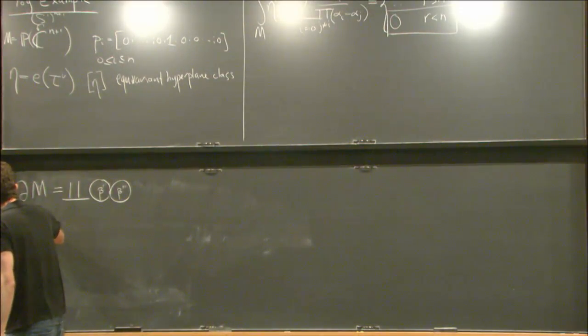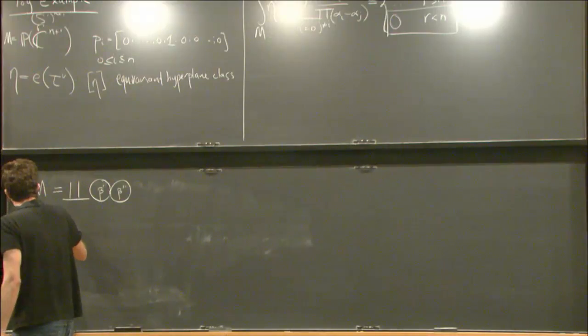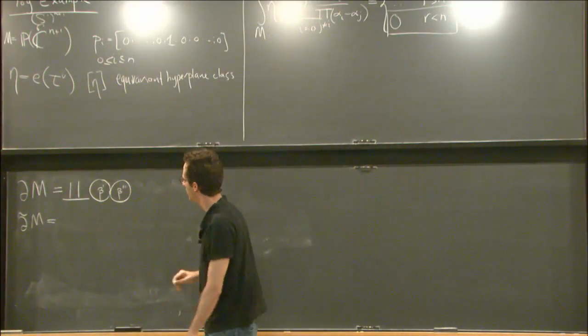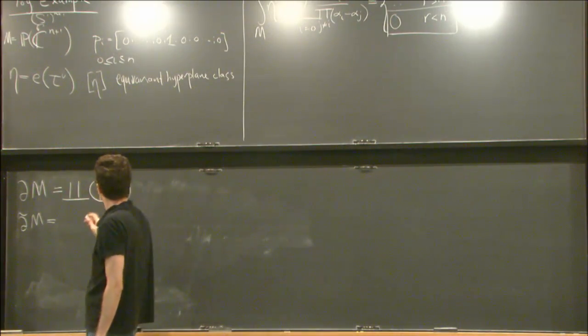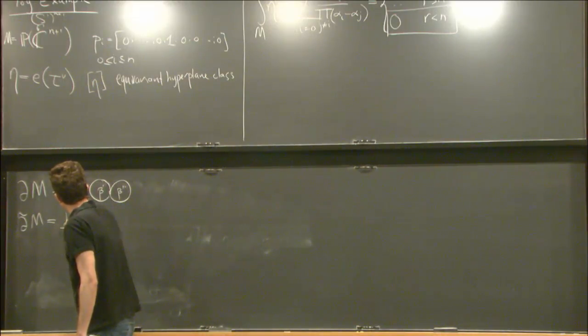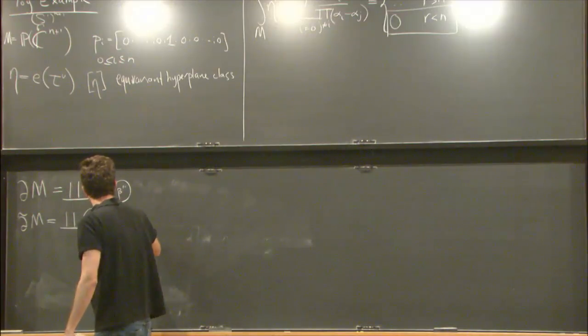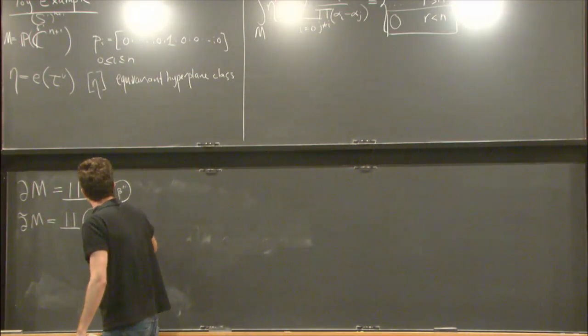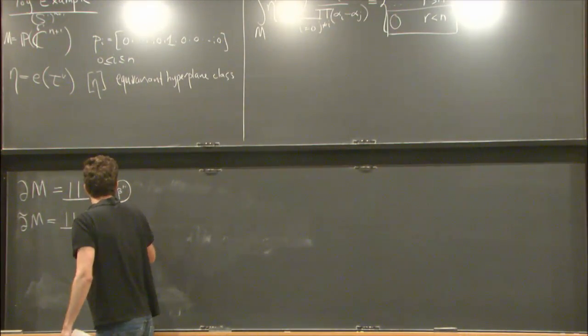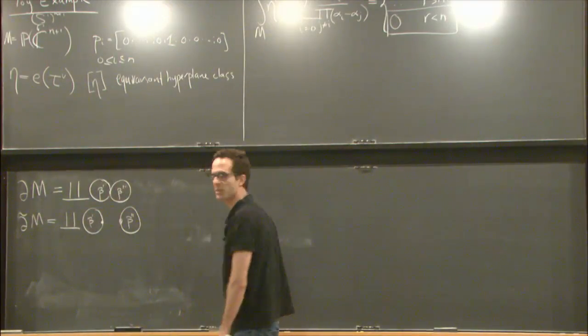And the space that I denote by tilde partial M is the same disjoint union, but now I replace the fiber products by products, which means that I allow the disks to move independently of one another, and I get this sort of disjoint union.